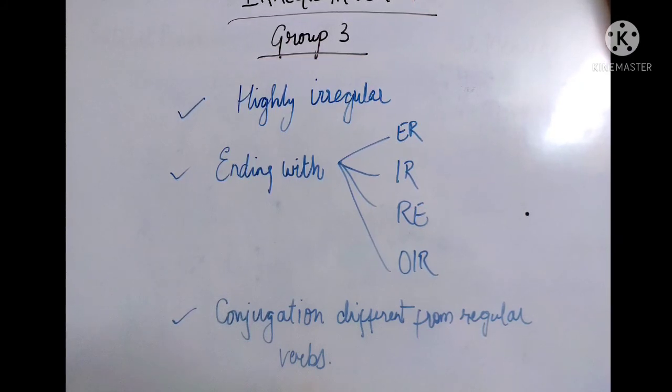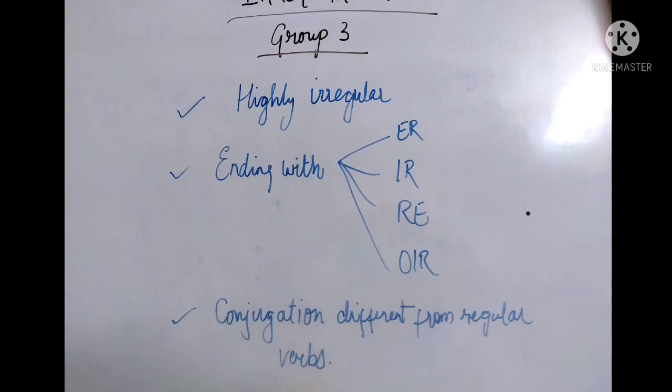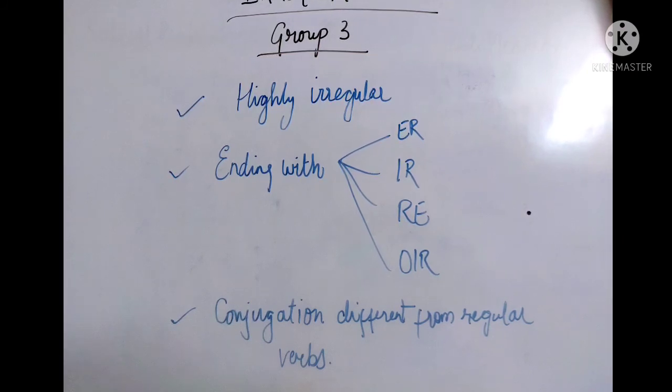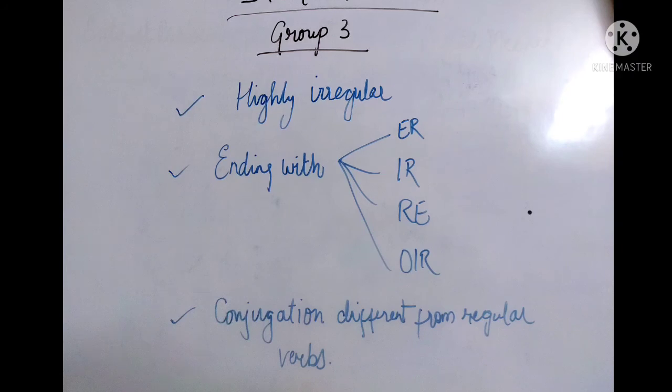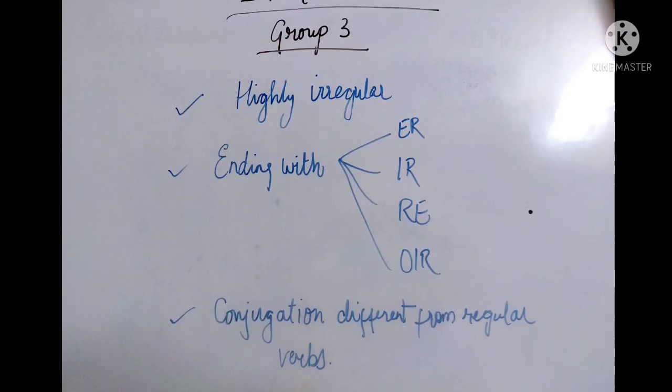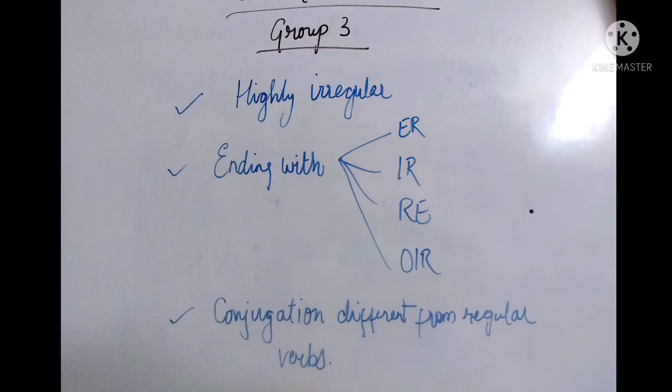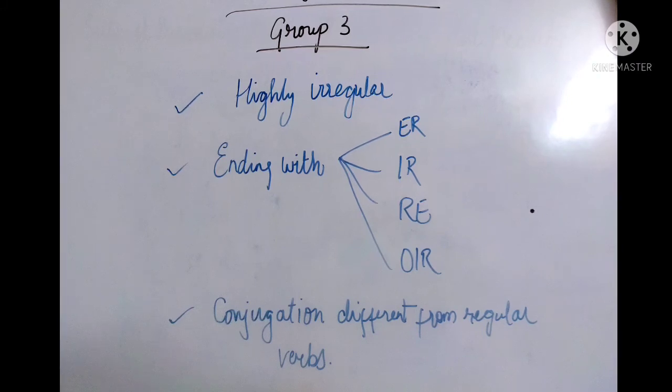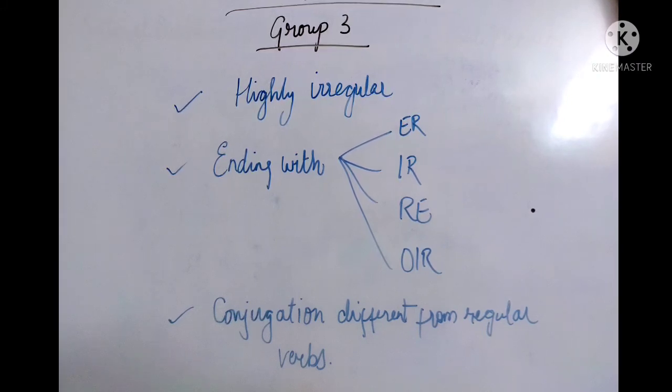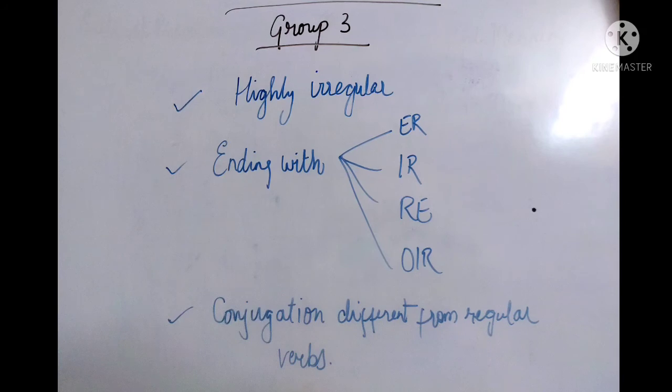Before ending this video, I would like to give some bullet points. First of all, we have verbs like être, avoir and aller, which are very common verbs. These are very irregular verbs, so they are not part of a group.